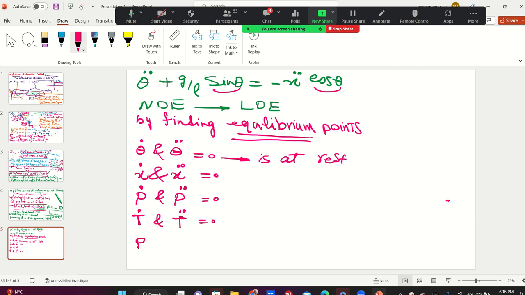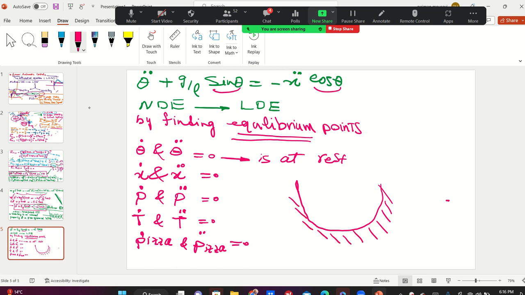Or, I don't know, for the pizza that you are eating, the rate of pizza and pizza double dot are 0. Whatever, any dynamical system. When I'm talking about the equilibrium point, it's a very trivial example.